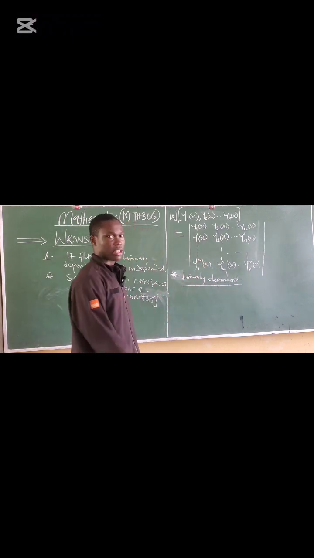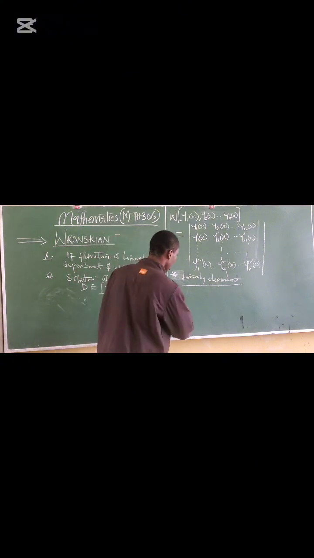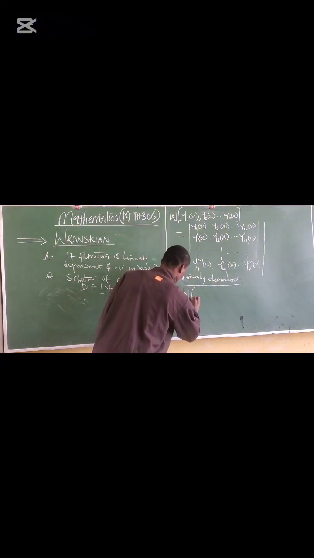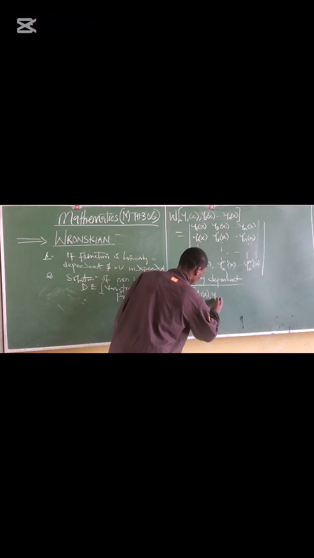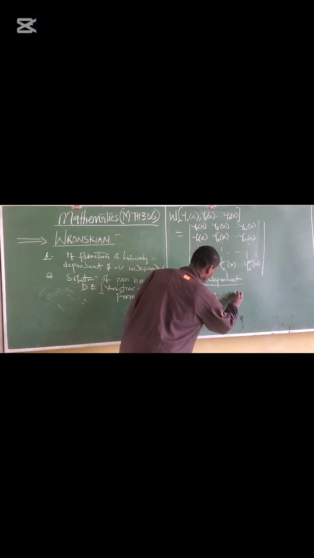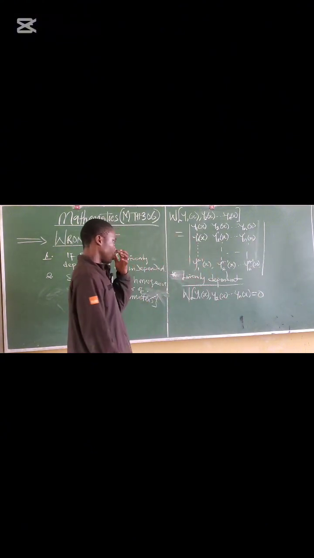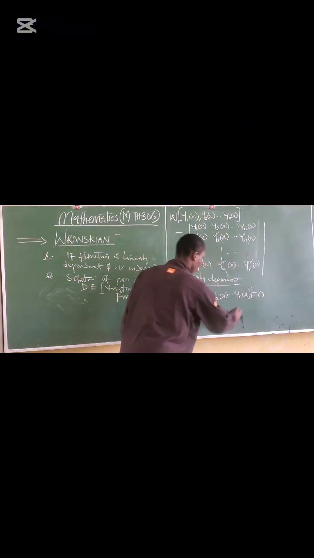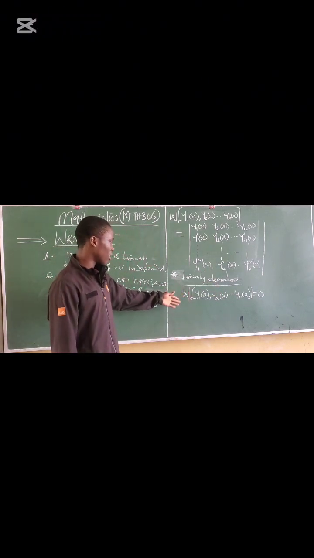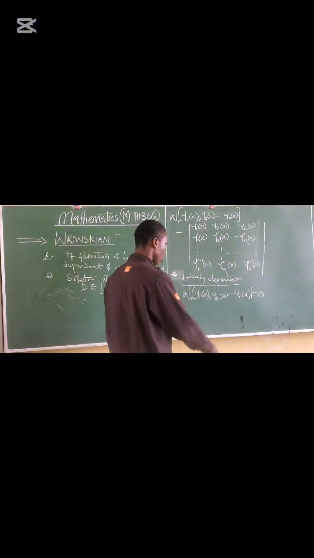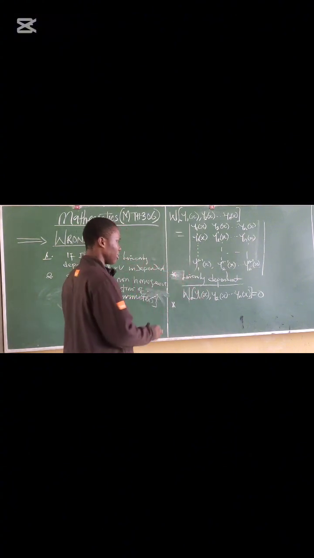A function is said to be linearly dependent if the WRONSKIAN of the solutions y1 of x, y2 of x, down to yn of x is equal to 0. This is when the function is said to be linearly dependent.